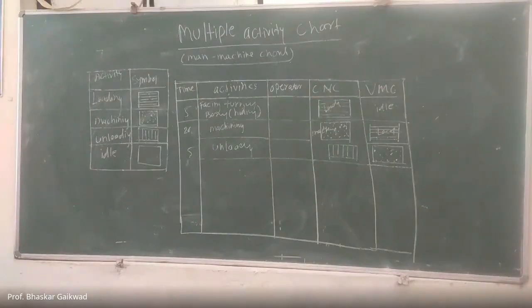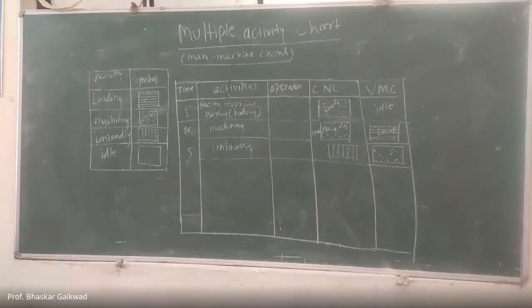At the same time, machining is going on, and you have to write the related times. So for CNC and VMC, the loading and unloading, you have to count. So you have to get the total times related to CNC and related to VMC through the job.